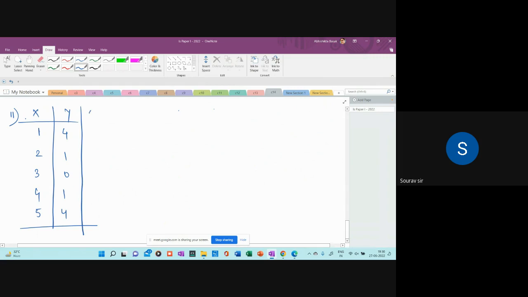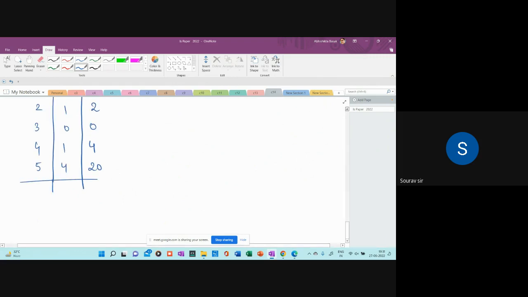So let's write xy over here: that is 4, that is 2, that is 0, that is 4, that is 20. And we are going to have the totals over here: 10, this is 15, and this is 20 plus 4, 24, 25, 26, and this is going to be 30.